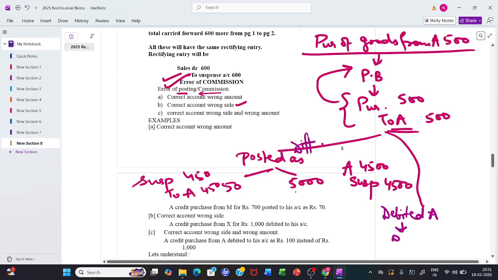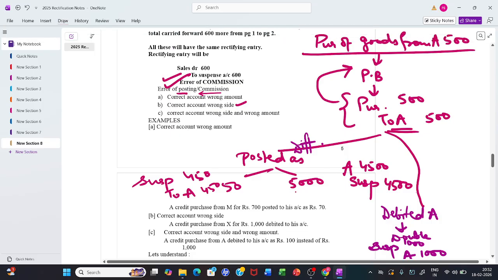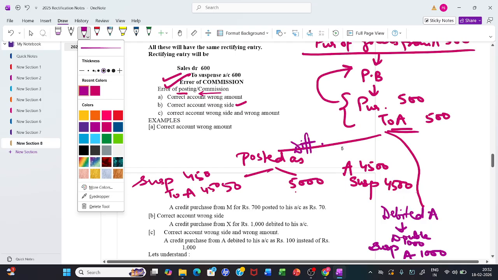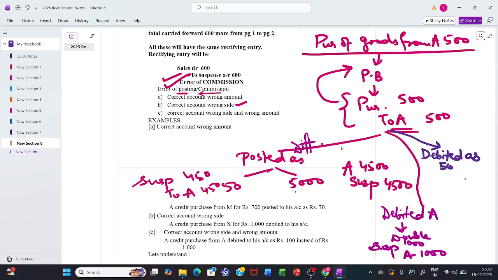Here we had taken the difference. Here I will double the amount. What is the correct thing? Credit A. What should be debited? Suspense. Double the amount. 500, double amount is 1000. Third category of error, where I have debited, side is wrong, amount is also wrong.